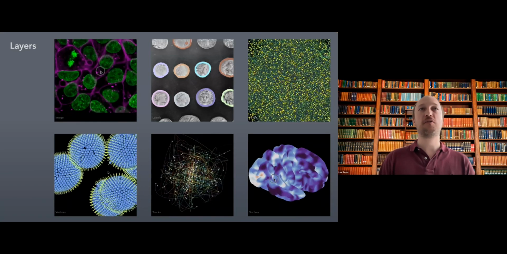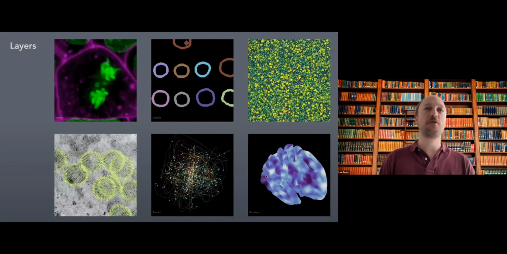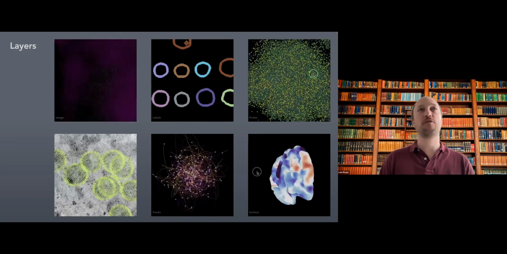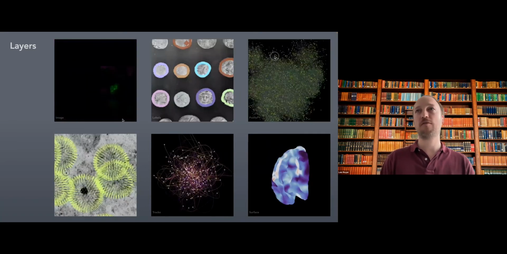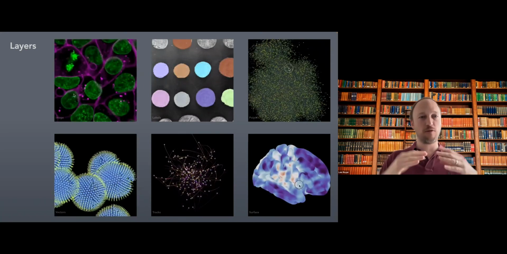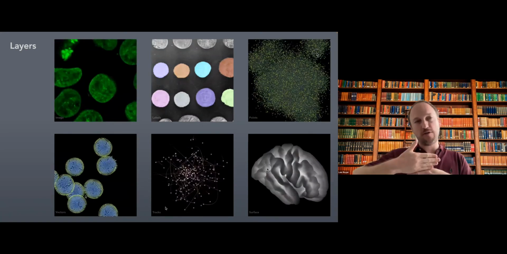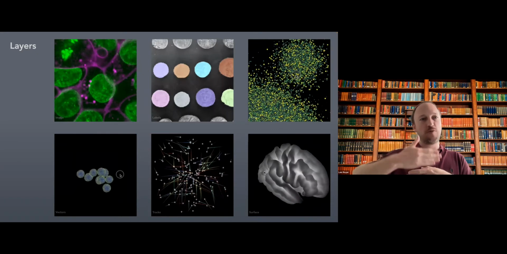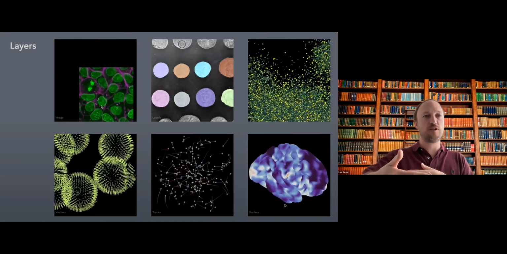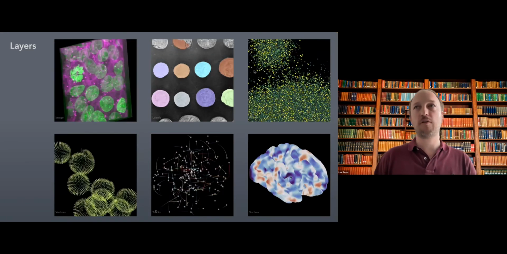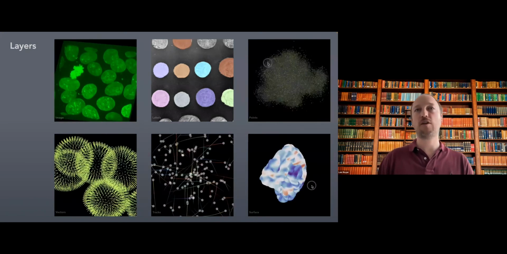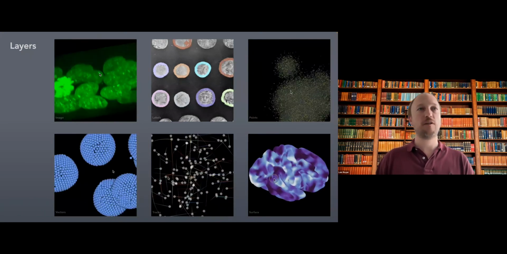So here you can see different kinds of layers showcased. We have image layers, we have labels, we have points, and because down below it is all OpenGL running and GPU accelerated, you can push a lot of geometry into Napari, so that you can have millions of points displayed.